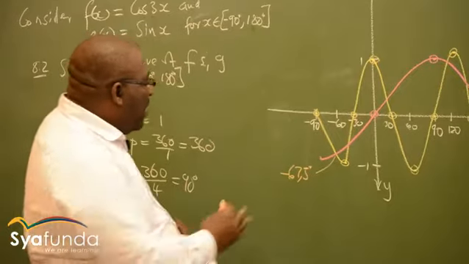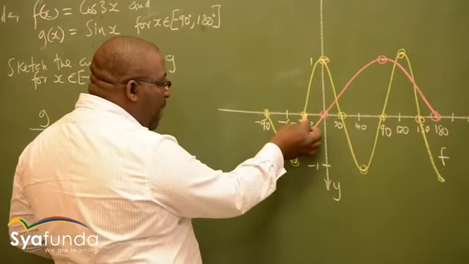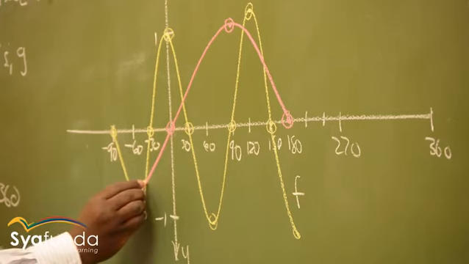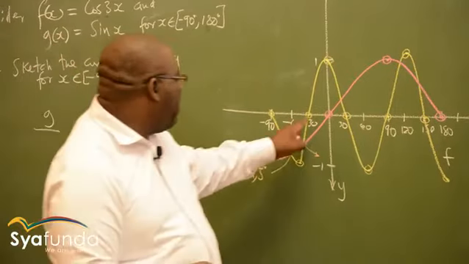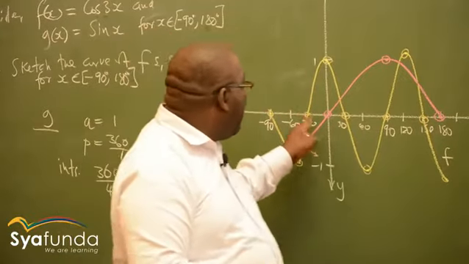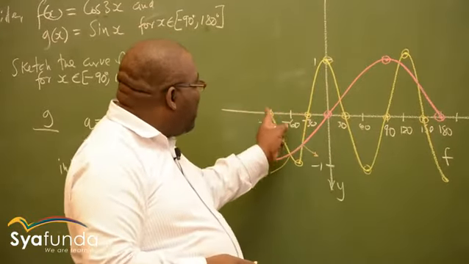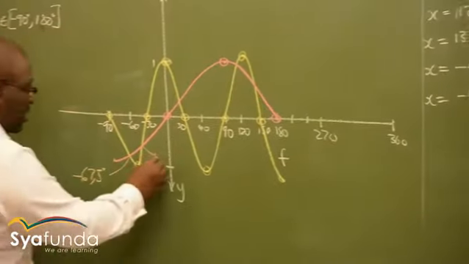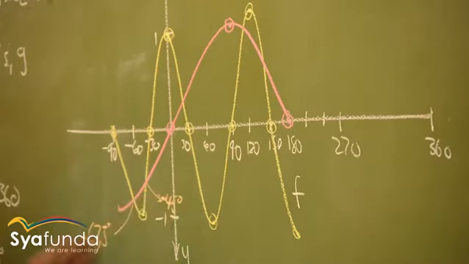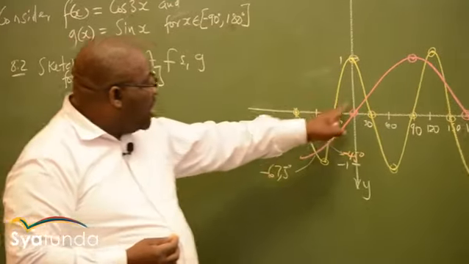Look at the next one. This one is negative. So this is above 30 but less than 60. So there's a value that is here that we also know. What value is that? It is less than minus 30 but above minus 60. So that value is minus 45. So we know that it is minus 45 degrees. I know those values. What do you think this one will be?